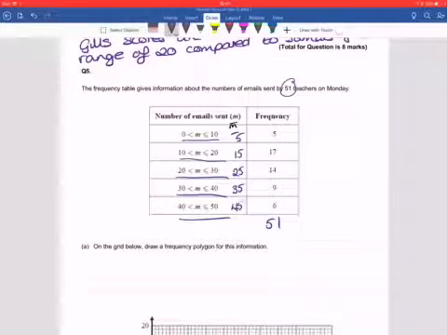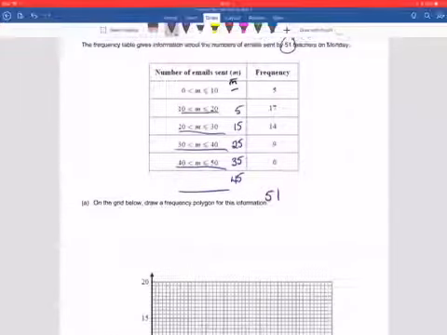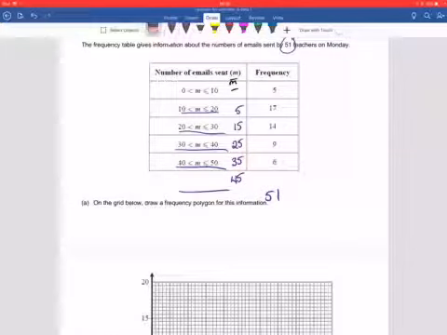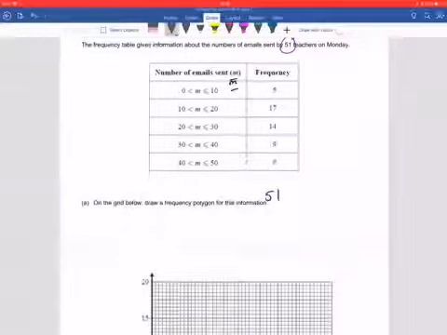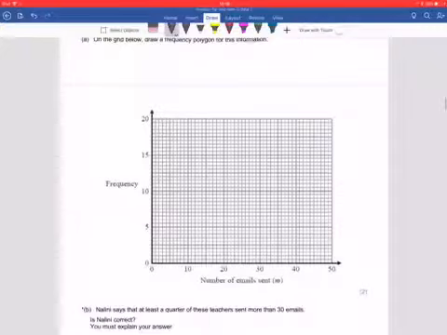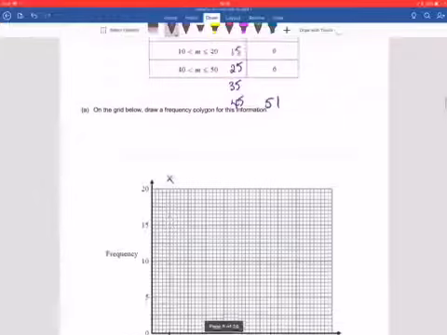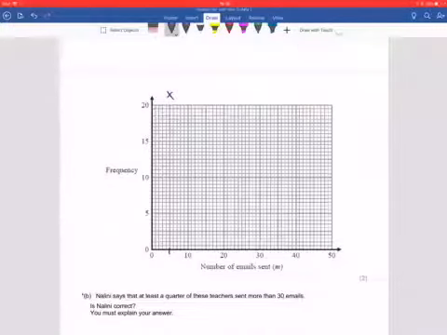Now this has equal class widths, but they don't always necessarily. Sorry, the points I typed have moved down, let me put that in again. So 5, 15, 25, 35 and 45. Then 5 and 15, and 15 and 17.